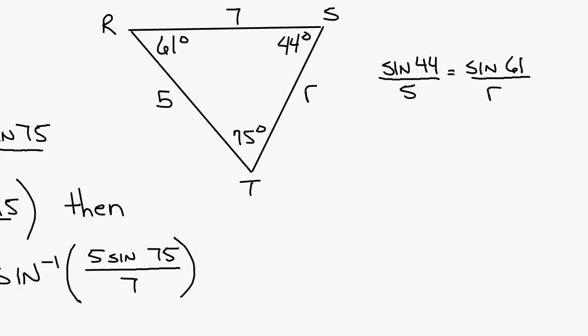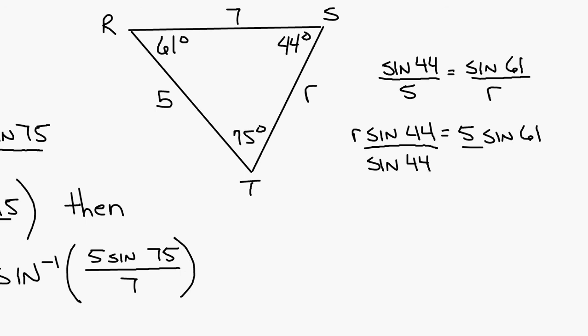Now you can crisscross multiply like you did in the first example. So r times sine 44 is going to be equal to 5 times sine 61. Divide both sides by sine 44. This cancels.